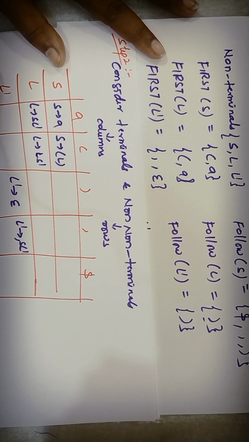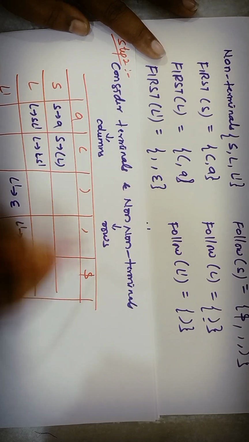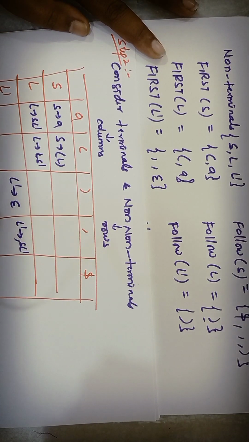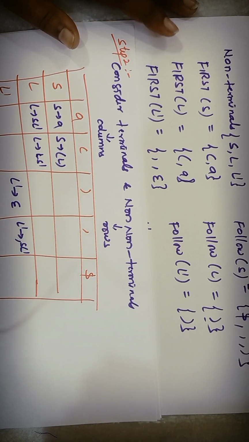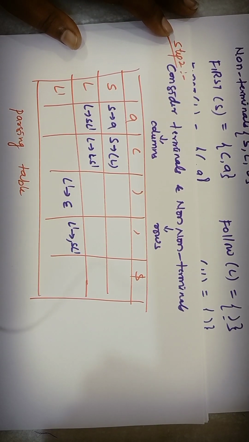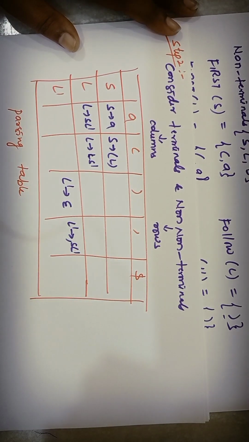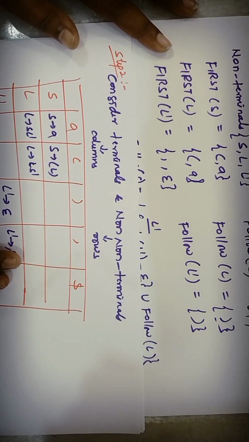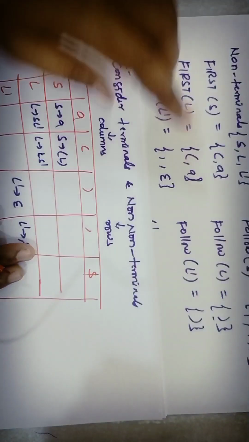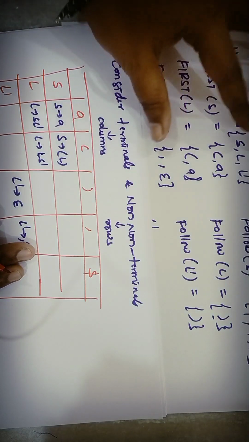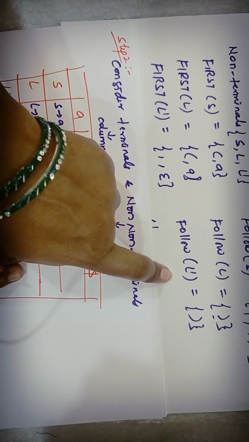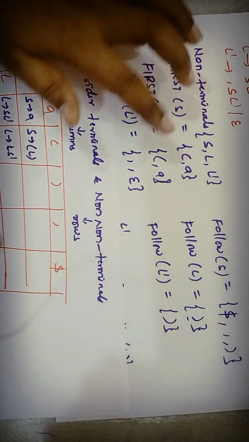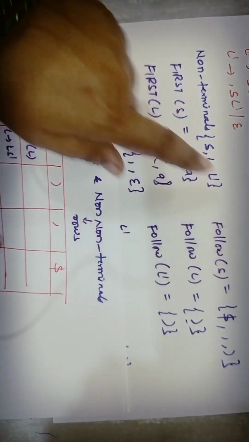Like this way we have to write the parsing table, and based on this parsing table we have to derive the input string. Whatever table we have filled is completely based on first and follow. Actually we need to consider only the first, and whenever we have epsilon, then we have to consider follow. That's the reason we have to calculate first and follow for all the non-terminals beforehand.